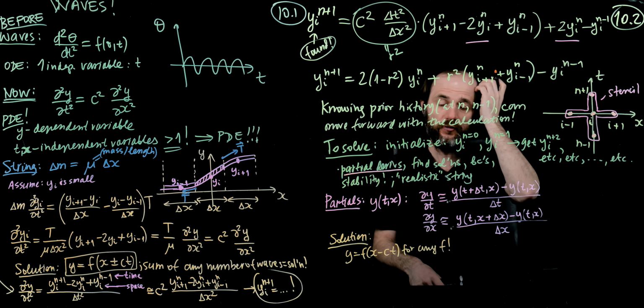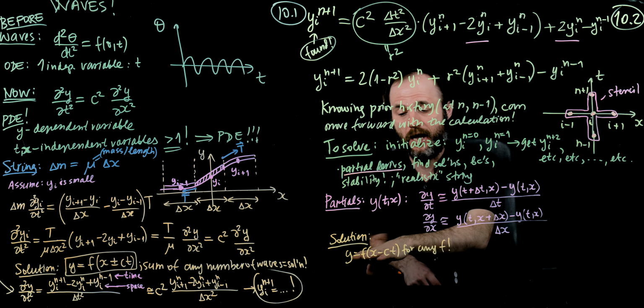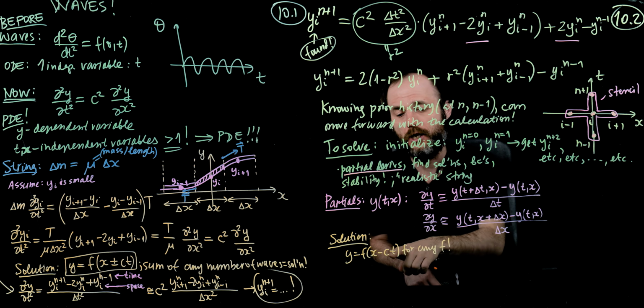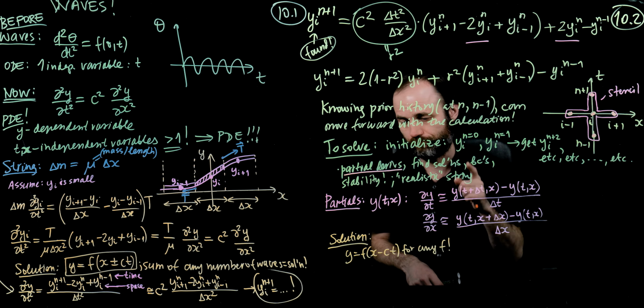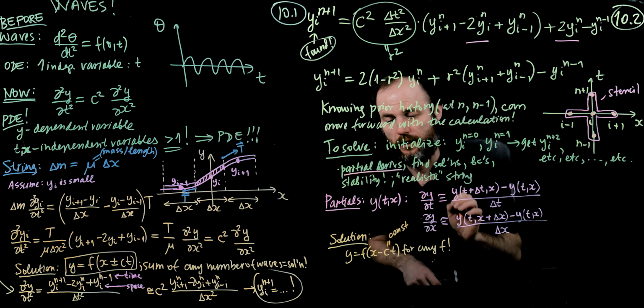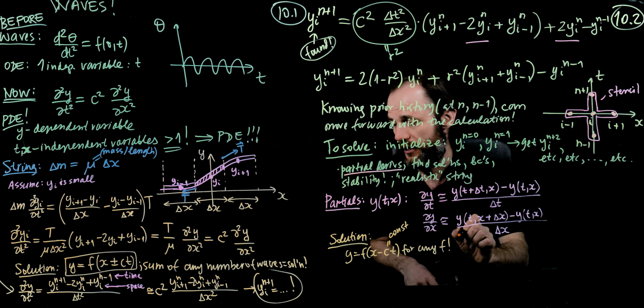That's the claim to fame, that the solution to this PDE is any function f that's smooth, so that we can differentiate it, of an argument in the form x minus ct, where c is a constant. That's the speed of our wave, as we will see in just a second. So let's check if this is indeed the case.